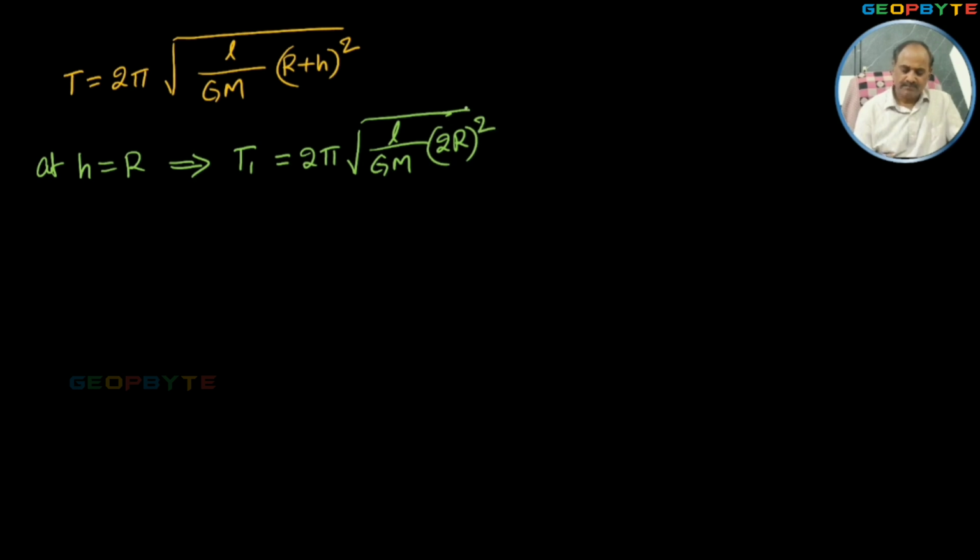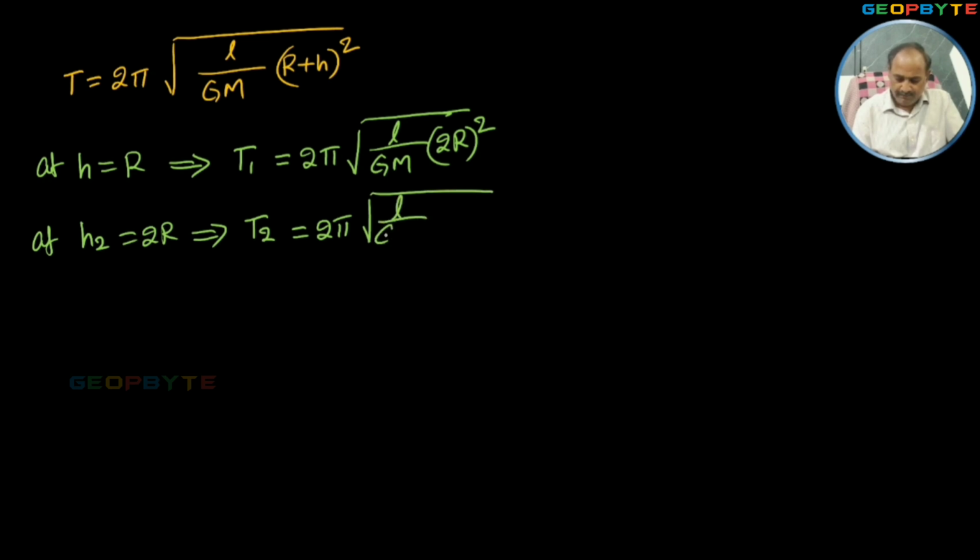R plus H equal to R plus R is becoming 2R. Similarly, at H2 equal to 2R, the time period T2 is 2 pi into root under L by Gm. Here it is R plus 2R, it is 3R whole square.